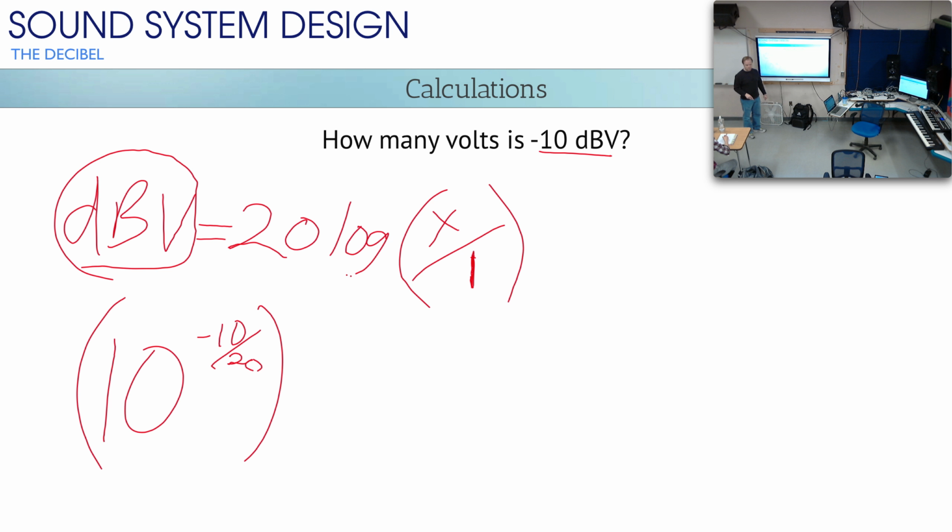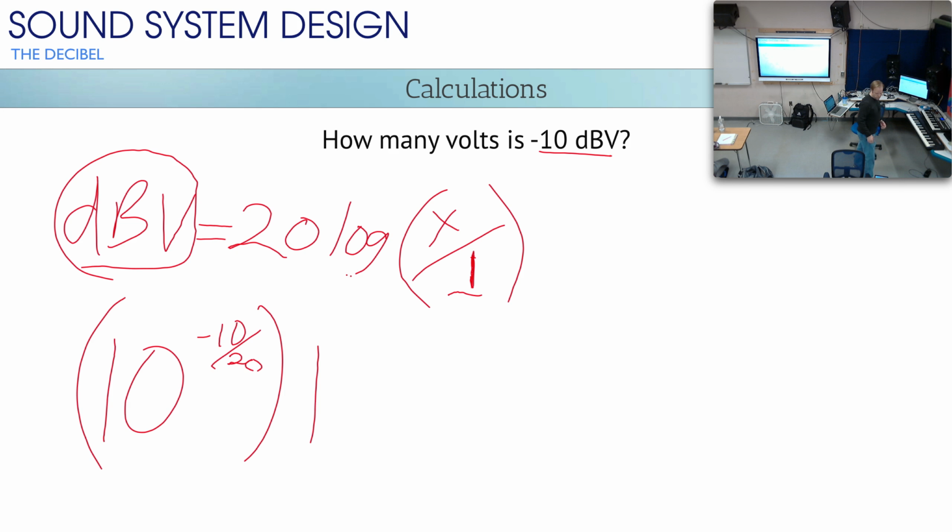And what is the reference level for dBV? 1, right? Times 1 volt. So to figure out how many volts is minus 10 dBV, we do 10 to the power of minus 10 divided by 20 times the reference level for dBV. And the reference level for dBV is 1 volt.